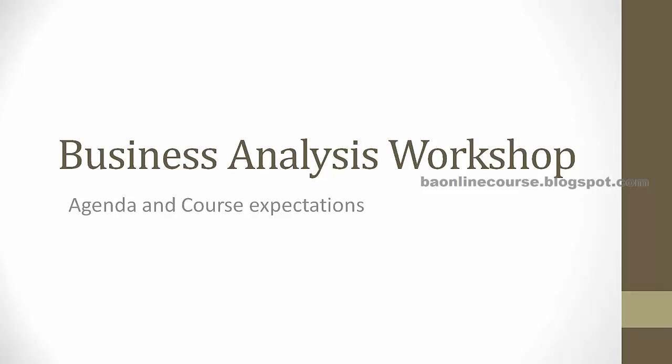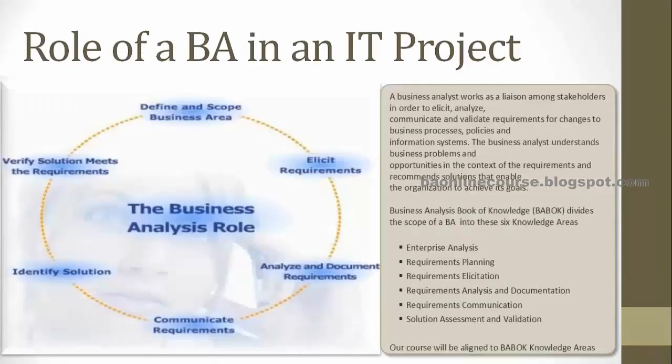Okay. So before we get into the course outline and today's agenda, now if you look at the role of a business analyst, primarily he's the guy who is bridging the gap between the business team and the technical team, right?